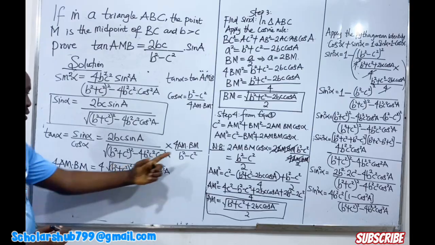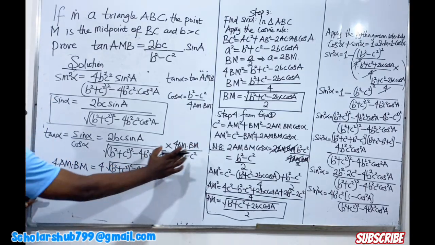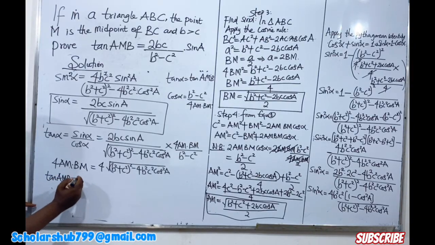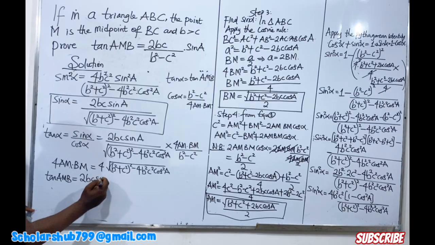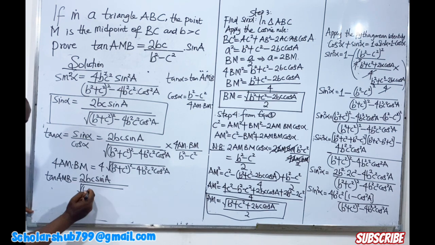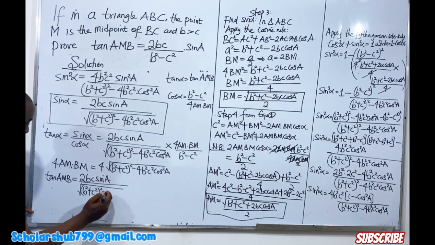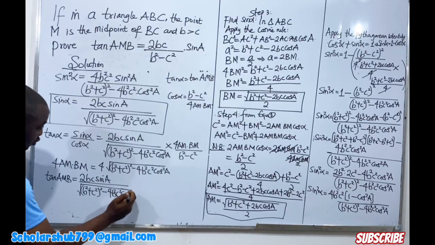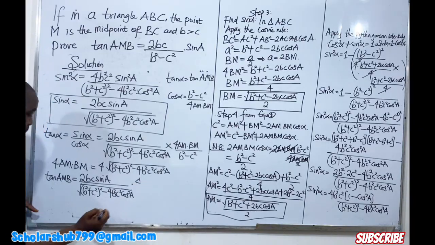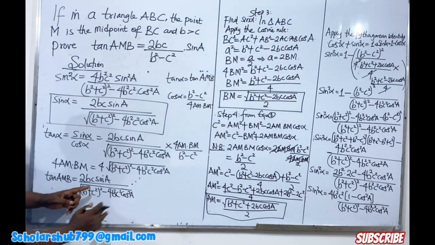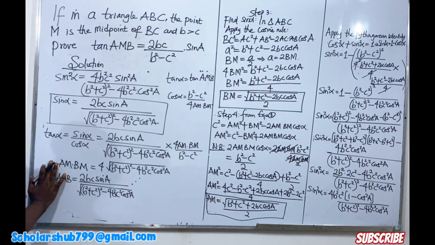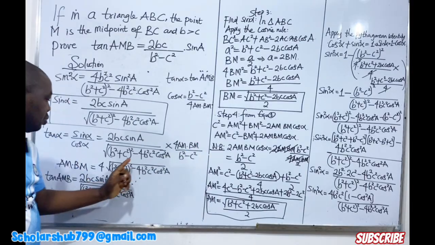The same thing will appear here. So which means that tan AMB equals 2bc sin A divided by the square root of this, the square root of b squared plus c squared, squared, minus 4b squared c squared cos squared A, multiplied by, so like I said, the whole of this will be equal to this.